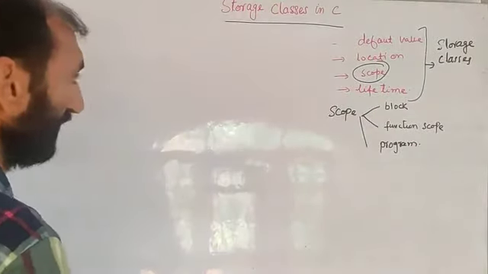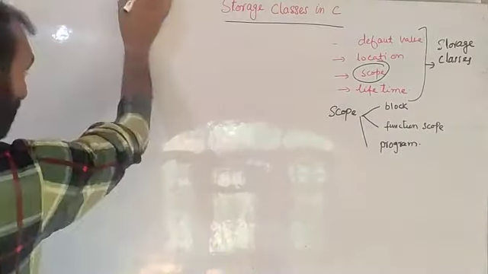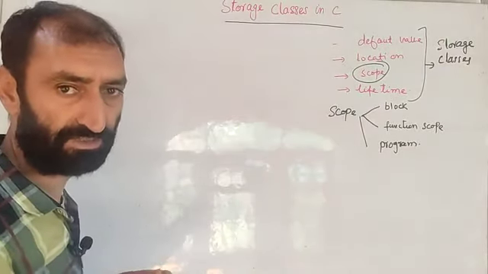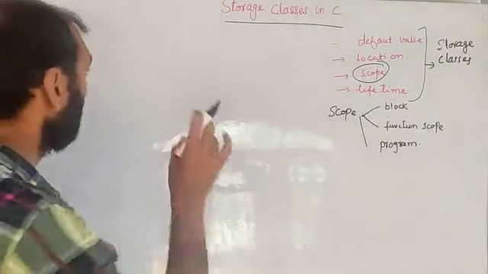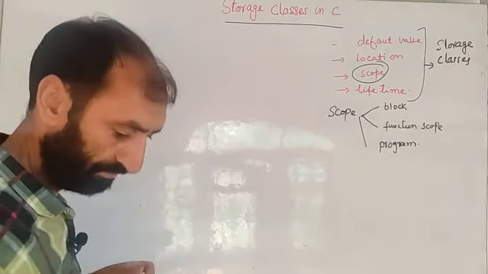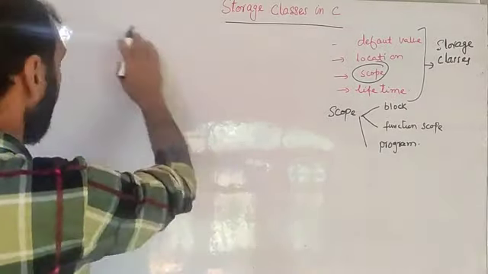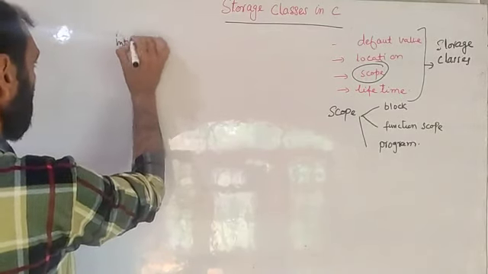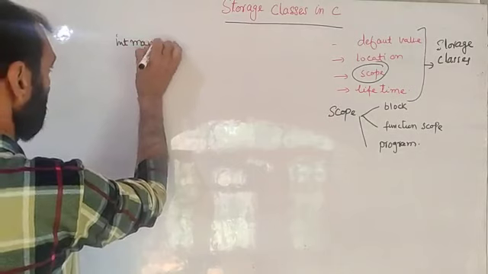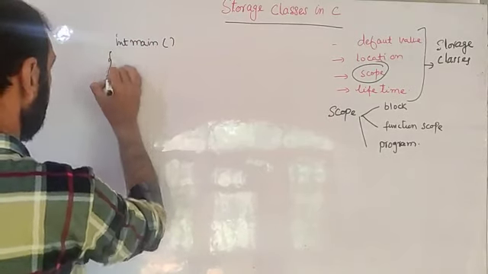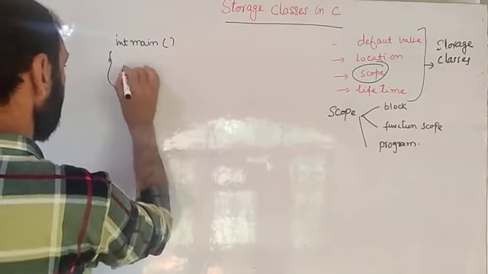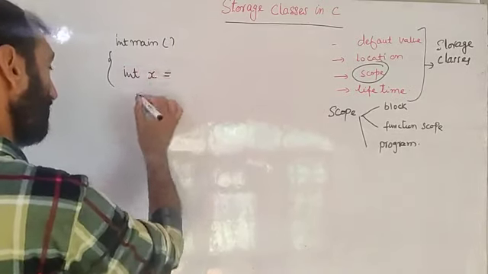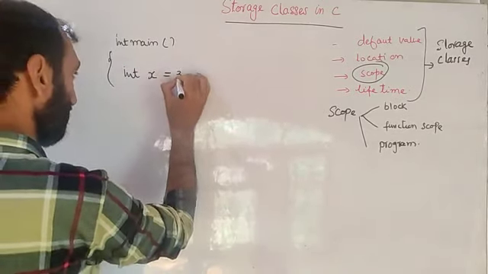First of all, we have to include the header files, for example stdio.h and conio.h. After that, I will write a program: int main, int variable x, and I am going to assign it 30.